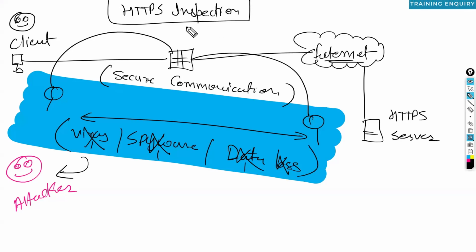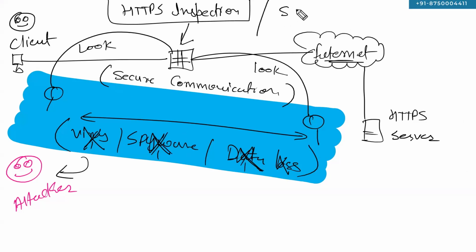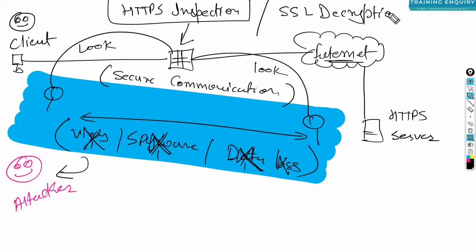When we enable HTTPS inspection on our firewall, then our firewall will look under the SSL tunnel and suspected traffic will be dropped here.